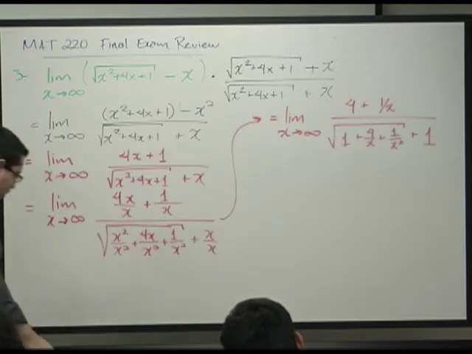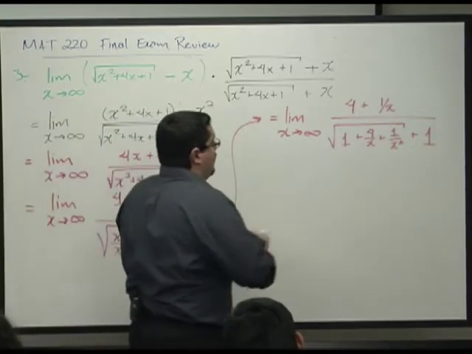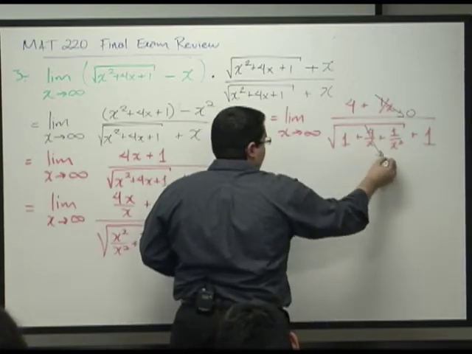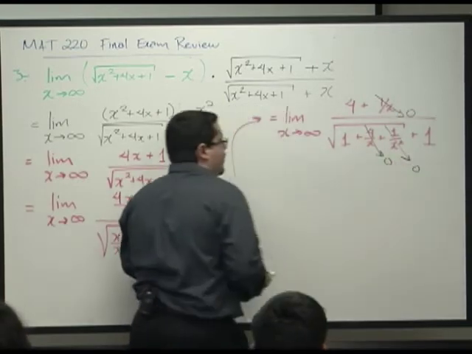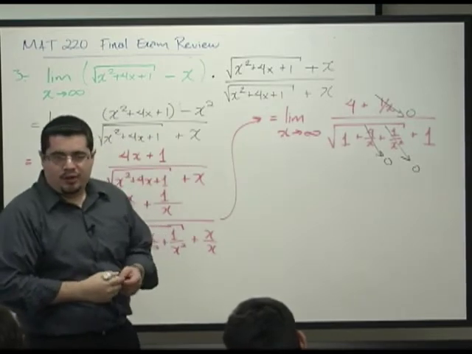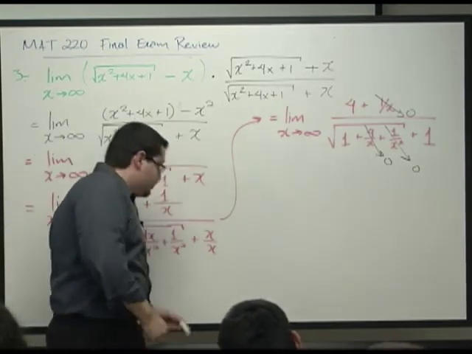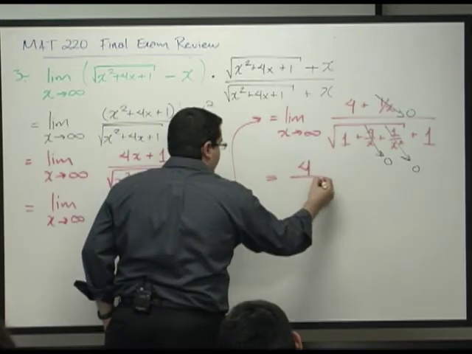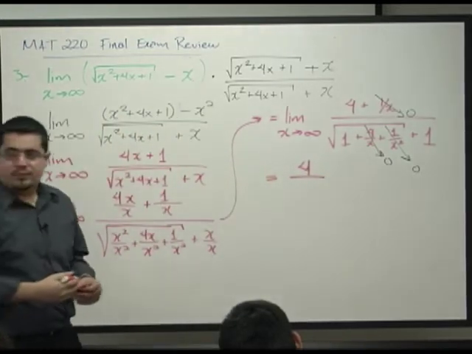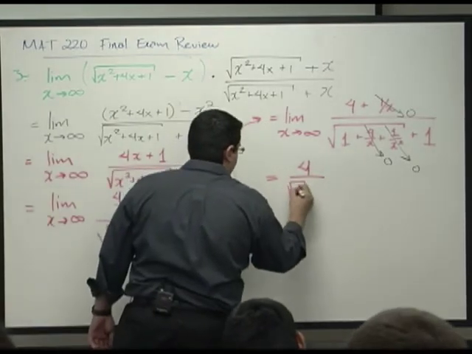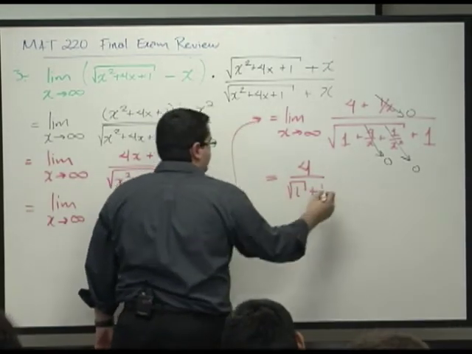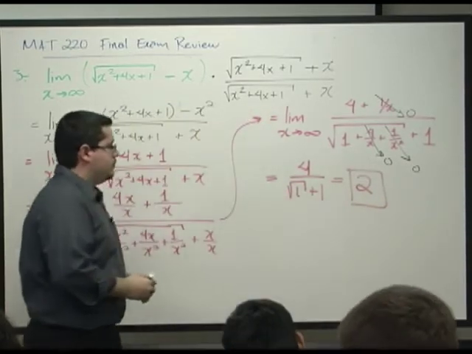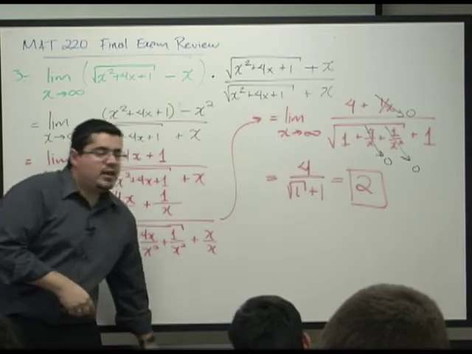Say, for example, the 1 over x. That's right. This is going to go to 0. And this is going to go to 0. This is also going to go to 0. What are you left with? You're left with a 4 on the top. What about the bottom? Yep, square root of 1 plus 1, which is 2. Excellent. Any questions?